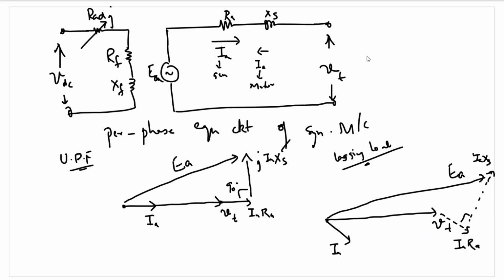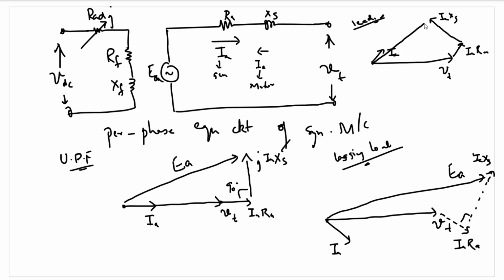Similarly, we can draw for a leading load here. Leading load, let this be Vt. Ia is in this direction. That means IARA is in this direction, and at 90 degrees to this is j times IAXS.